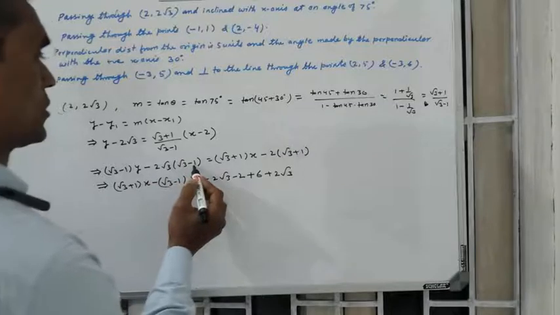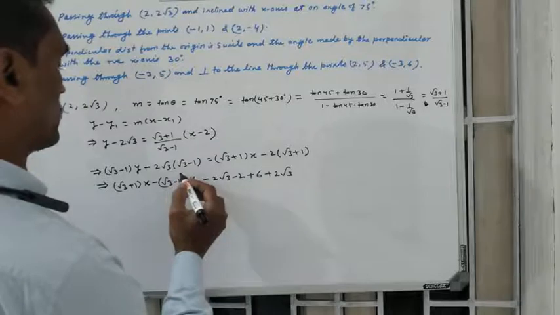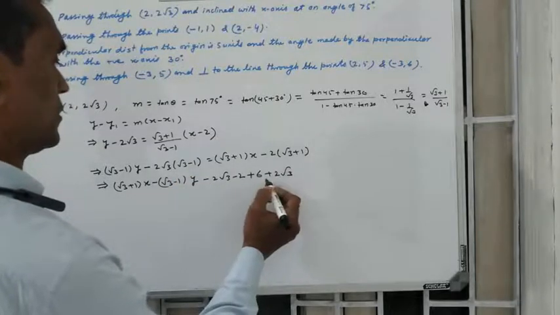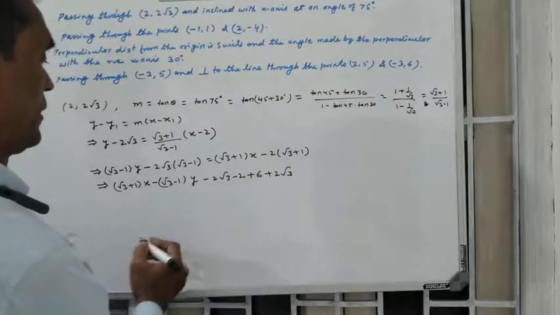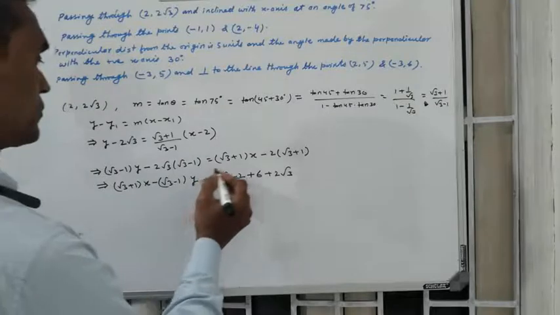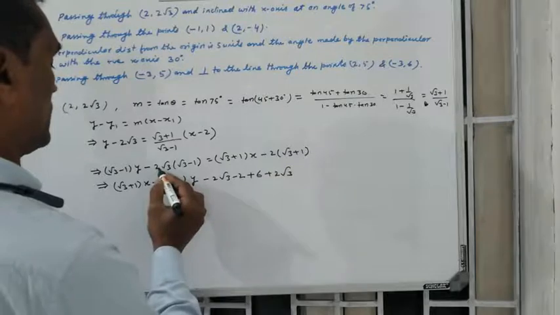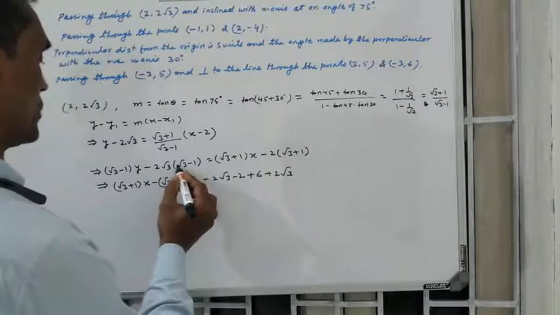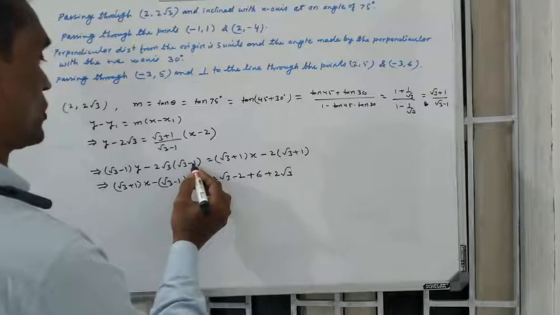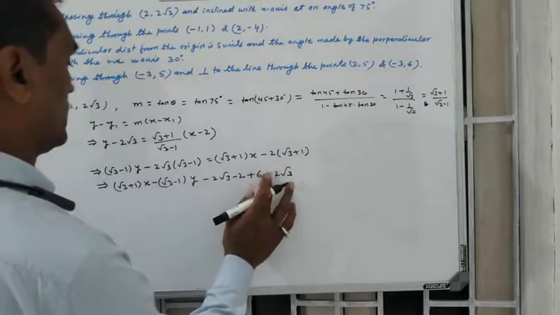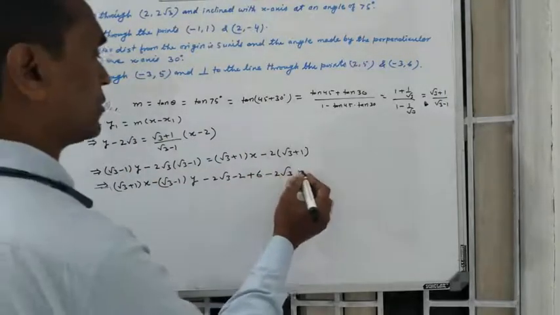When it will go right side, then plus 2 root 3 plus 2 root 3. So this will cancel here, 2 root 3 and minus 2 root 3. Minus 2 root 3 and minus 2, and this is 2 into 3 is 6, and then plus 6 here, plus 2 root 3 and then minus 2 root 3. It will be minus 2 root 3 is equal to 0.